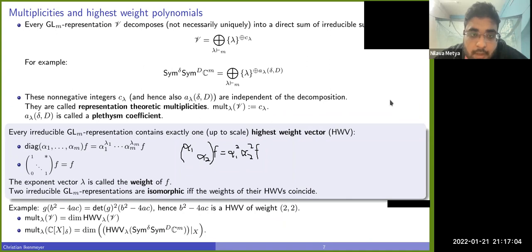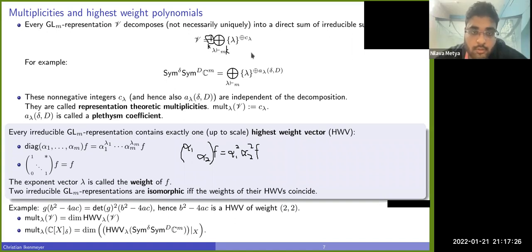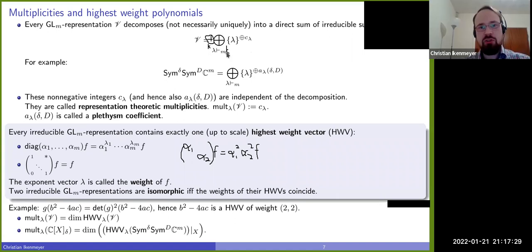Exactly, so this could actually be any number. You do get a sum over all, say, K, and then you just put a K here. It's a partition of anything.